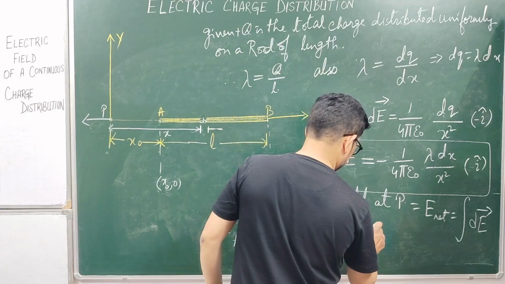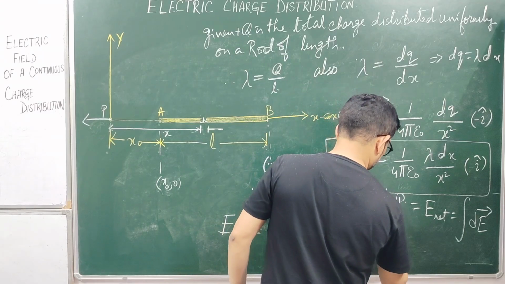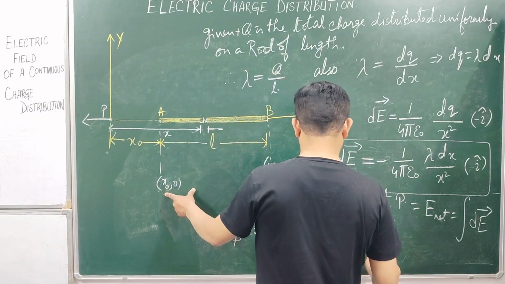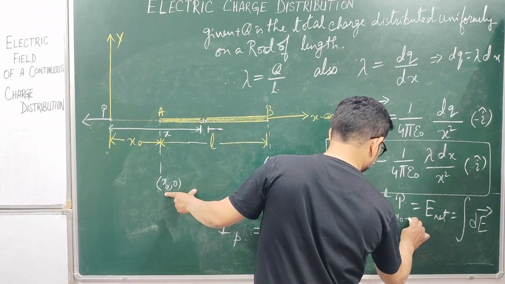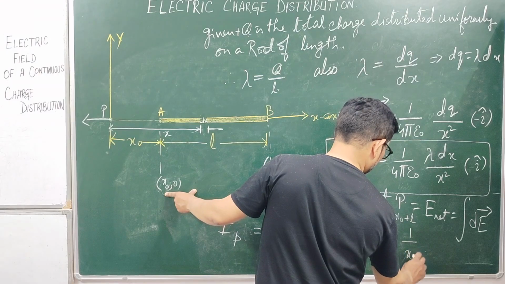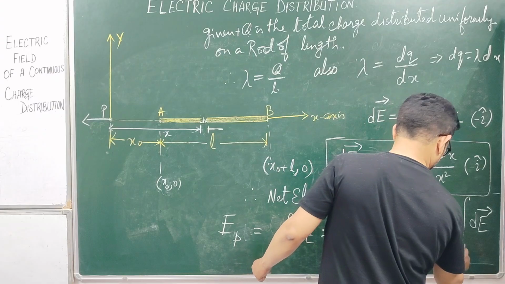Lambda is there, so let's put lambda here, and then we have the integration. Now you can put the limit, it is from x naught to x naught plus L, and then we are left with 1 over x squared dx, and then i cap.